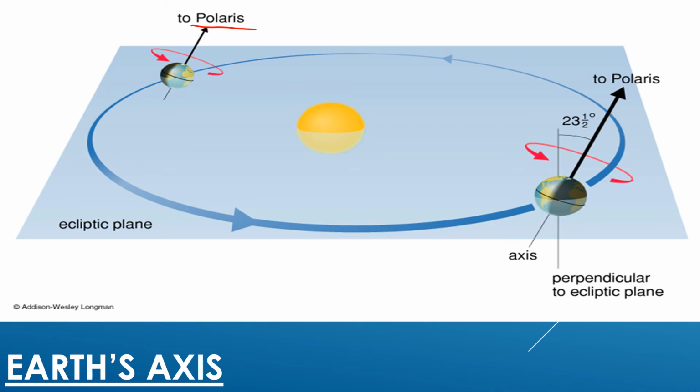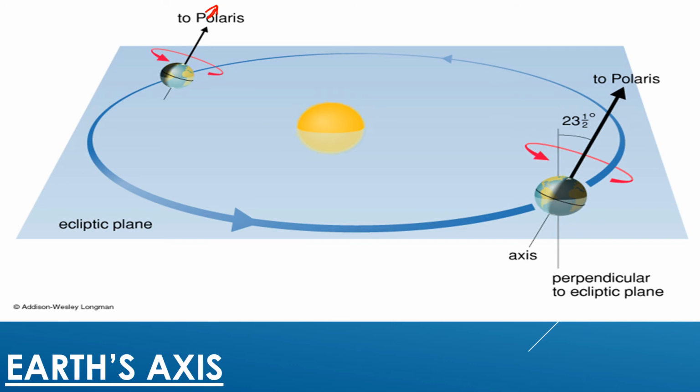So think for a second, have you ever heard the term Polaris? Well, Polaris is the name of a star. It's the North Star. And let's think about this for a second. If the Earth's axis is tilted at 23.5 degrees to Polaris, to the North Star, and the axis changed its position, so if it's pointing to Polaris right here, and it went around, and as the Earth spun, the axis spun, by the time we got to the other side, the axis would be facing a different star, and so Polaris couldn't be the North Star.